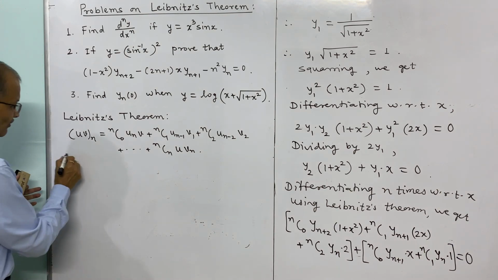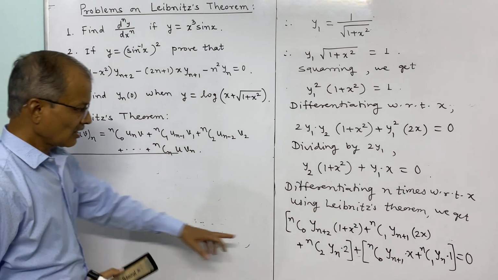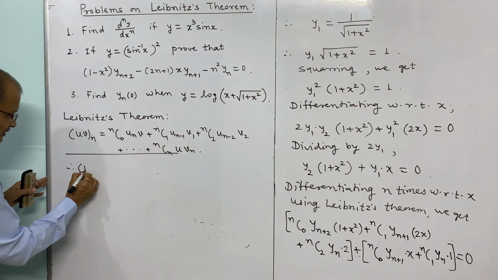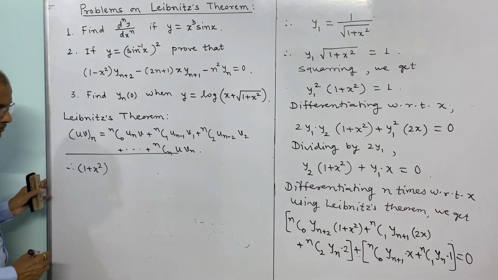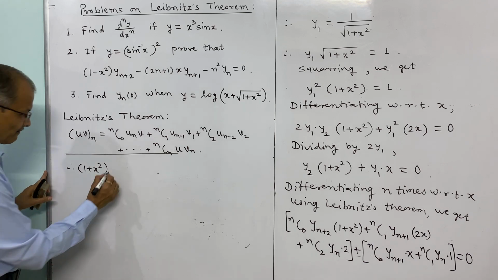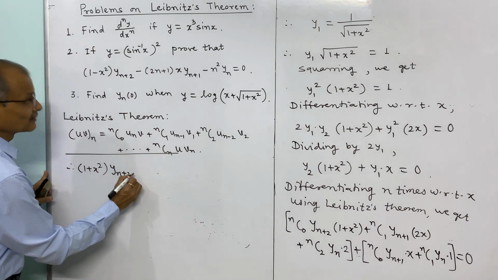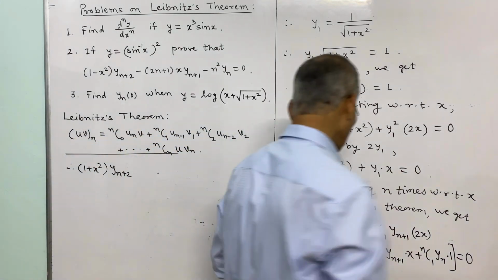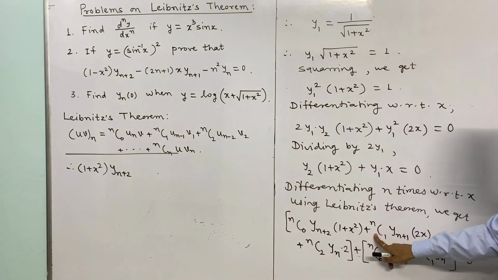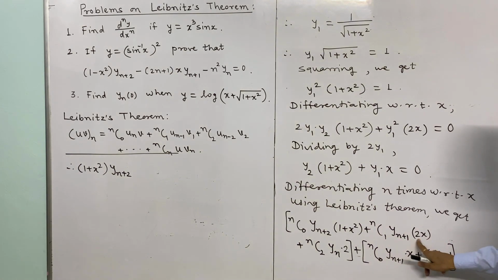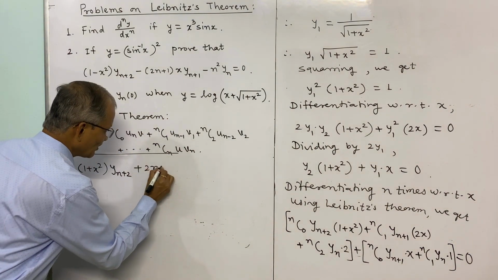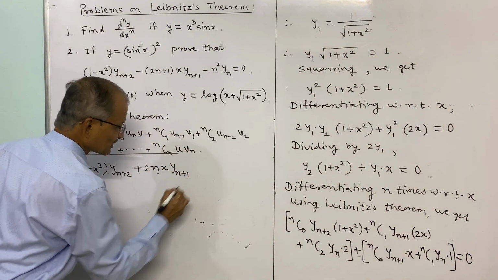We shall simplify it, and see, we will write the binomial coefficients. It is 1. So the first term is 1 plus x square into yn plus second. And next, now you see, this is 1, this is n, and this is 2n x yn plus 1, 2nx into yn plus 1.